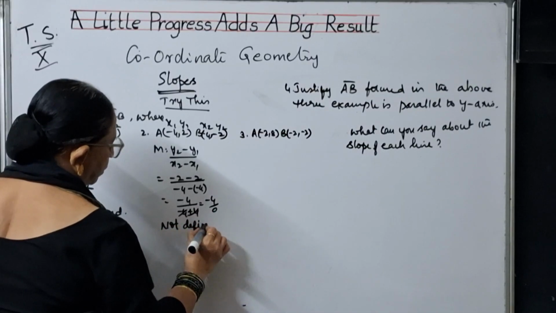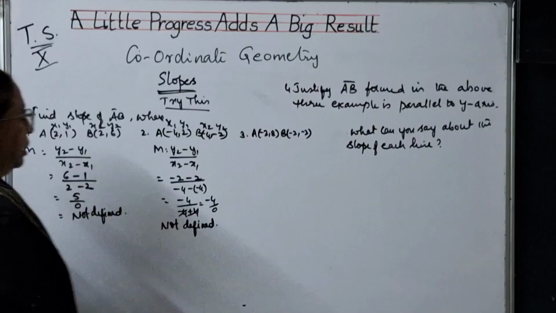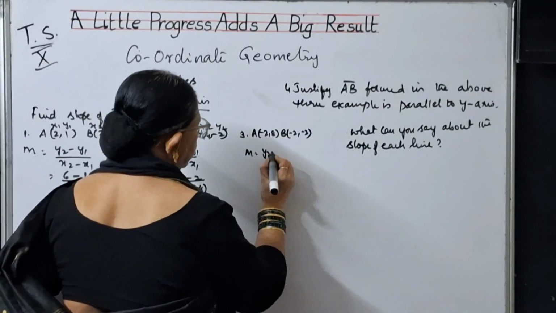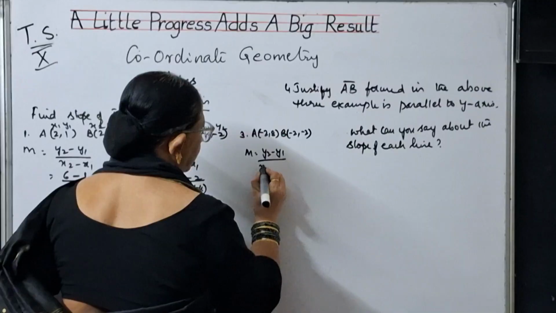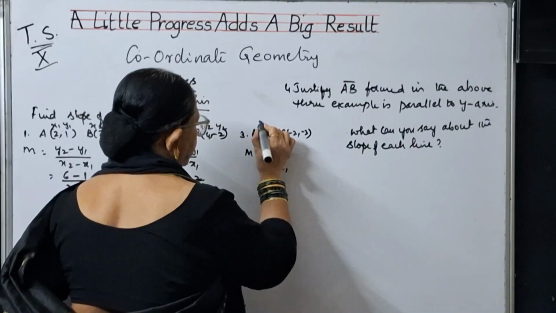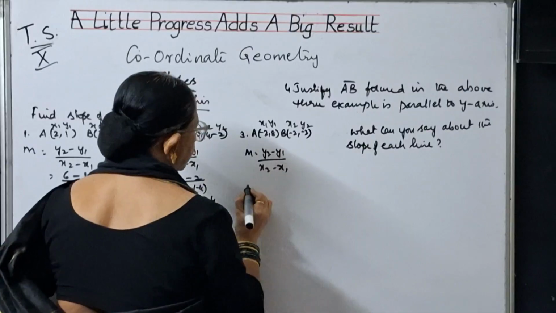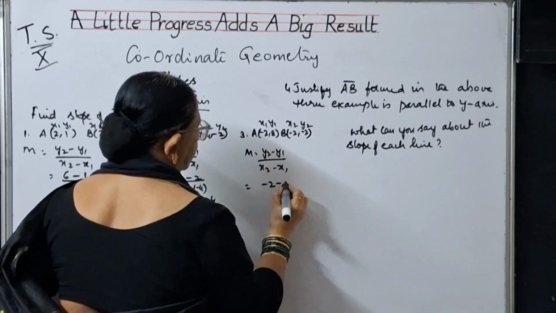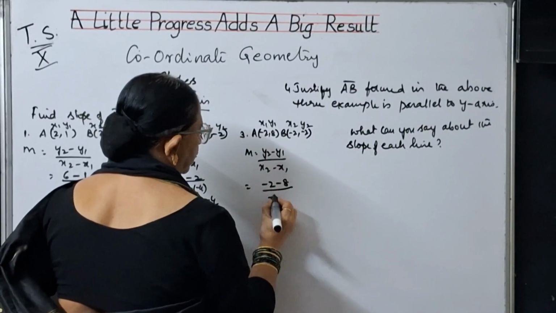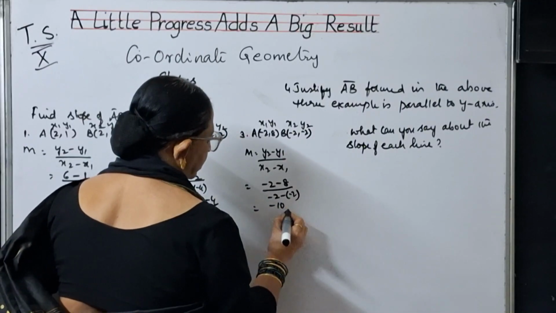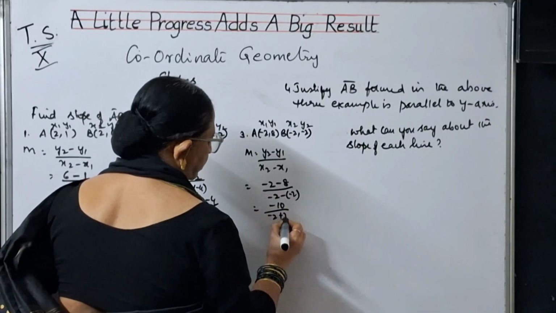You cannot define it. Similarly, here slope is equal to y2 minus y1 by x2 minus x1. This is x1, y1, x2, y2. So minus 10 by minus 2 plus 2.